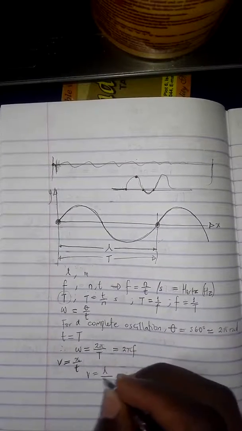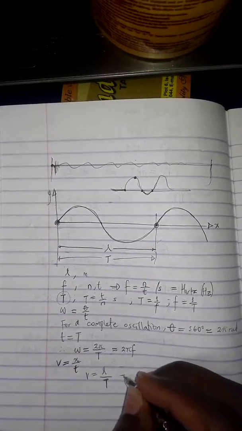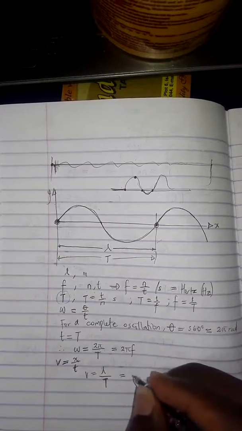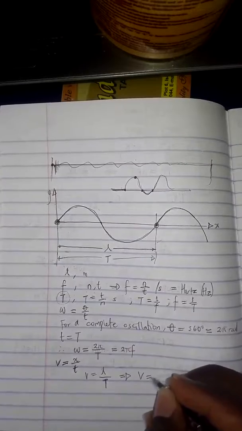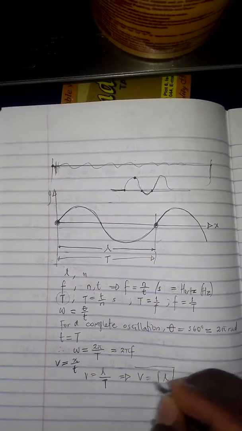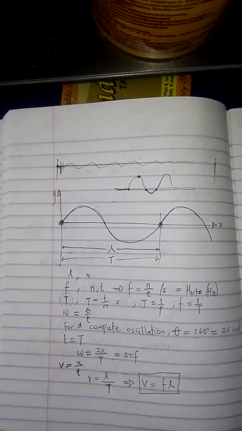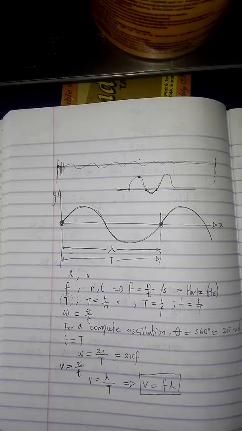For a complete oscillation, the time is t, which is the period. Again, 1 over t is equal to f. So this gives us v is equal to f lambda. That's the relationship between the velocity of any kind of wave, its frequency, and its wavelength.